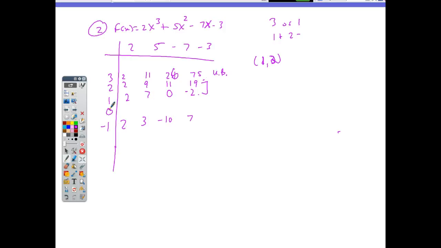But I'm going to do it just to amuse ourselves. 2, 0 gives me 5, 0 gives me -7, gives me -3. Oh, look, it's between -1 and 0. Since I just found my first negative root.